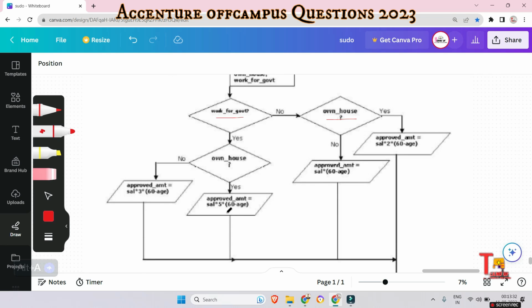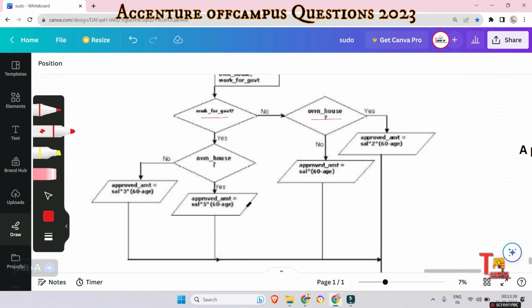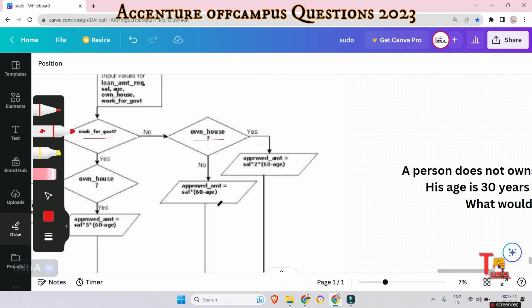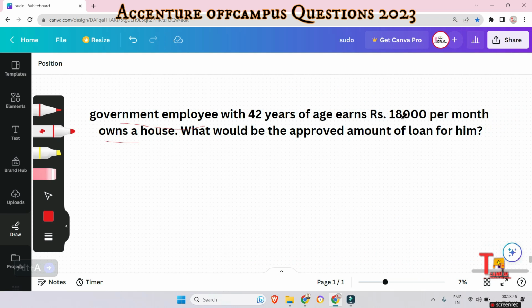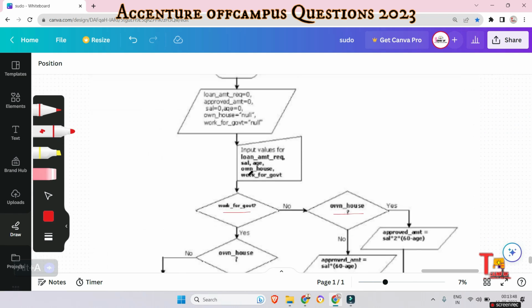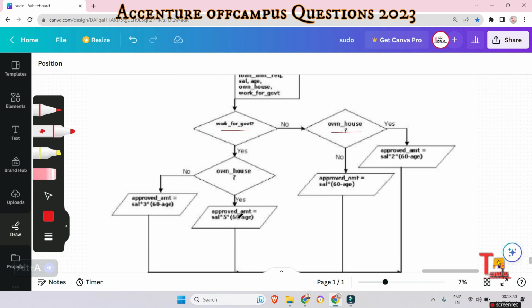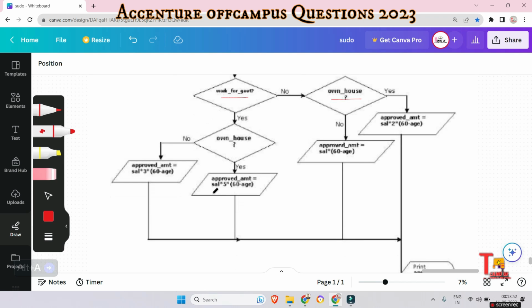So his approved amount would be salary multiply with 5 multiply with 60 minus age. What is his salary and age? Age is 42, salary is 18,000, right? So approved amount will be 18,000 multiply with 5, that is 90,000, multiply with 60 minus 42, that is 18. 18 multiply with 90, right?